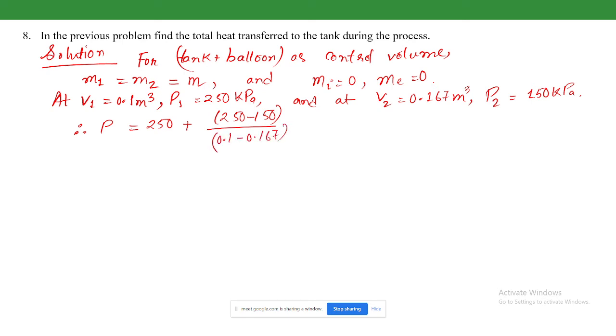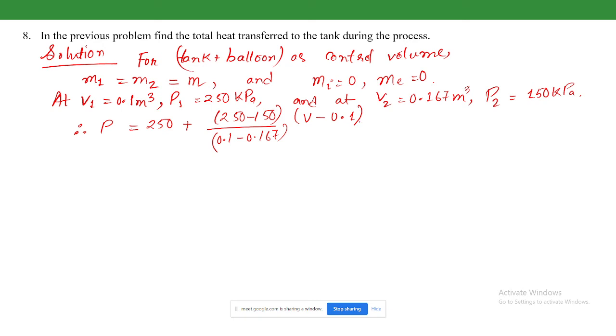These are just the volumes corresponding to these pressures. This is essentially a linear interpolation itself. So, the final volume minus the initial volume, this one.